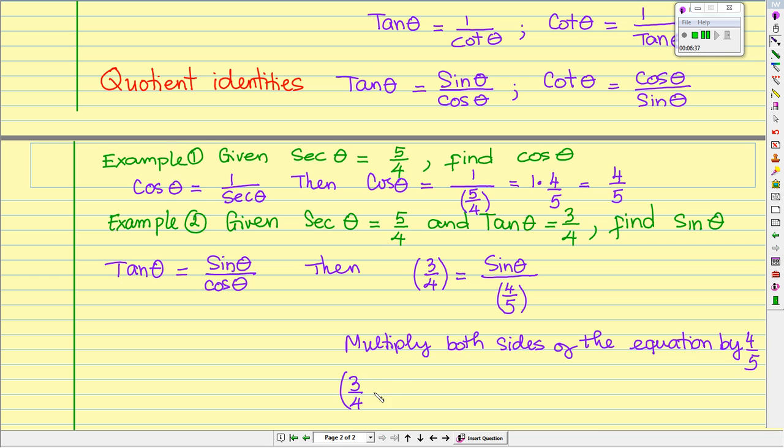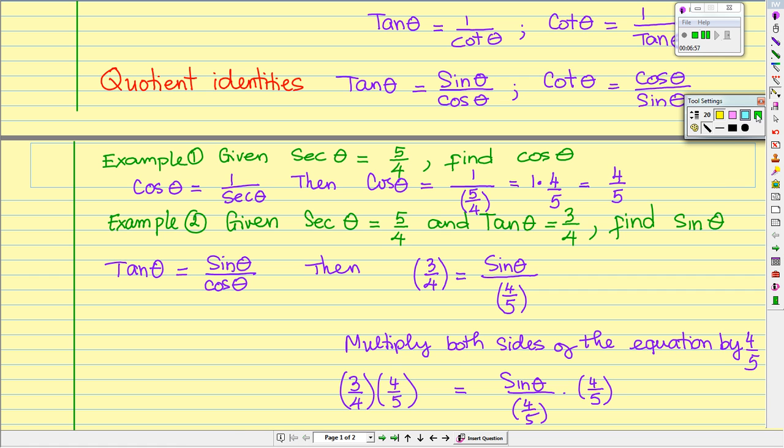So we have 3/4 times 4/5 equals sine of theta over 4/5, times 4/5.